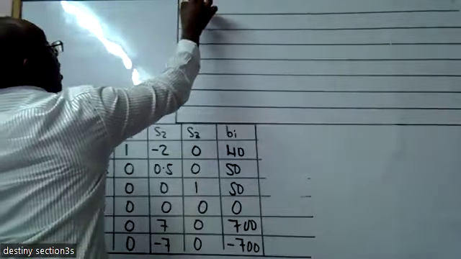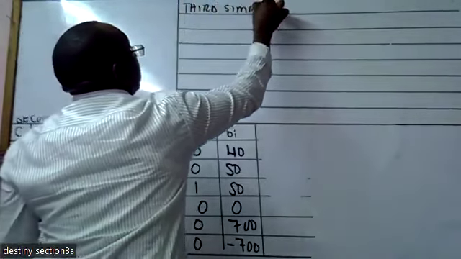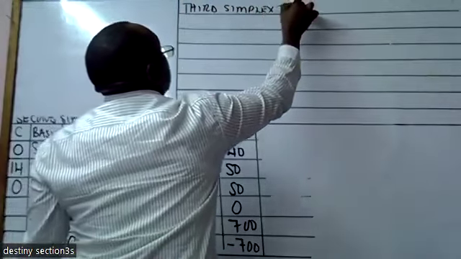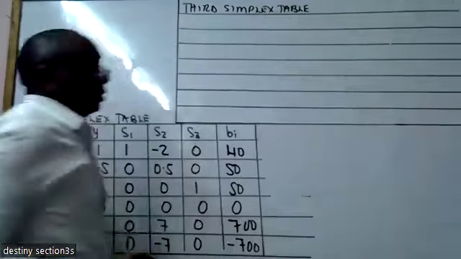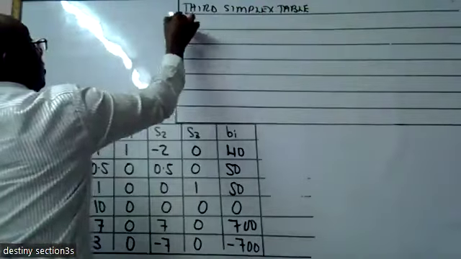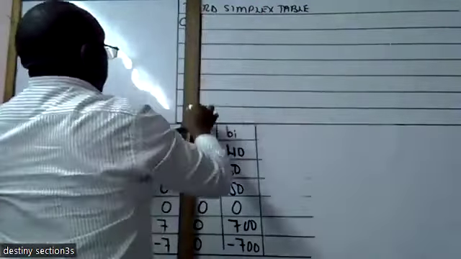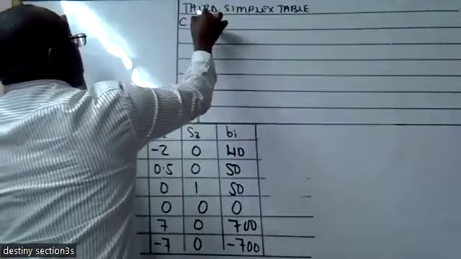Good. So I'm making now the third simplex table. And in making the third, I obviously have column C here. Then I have the basis.